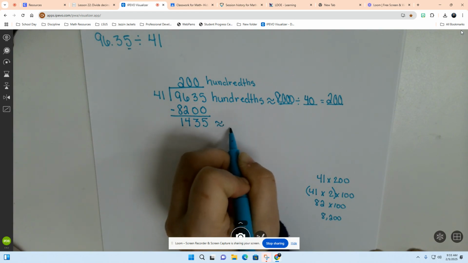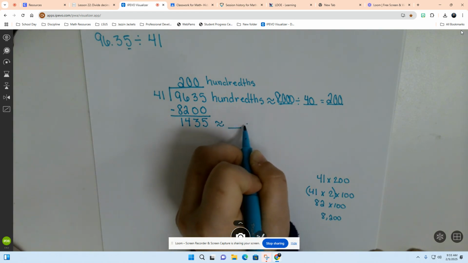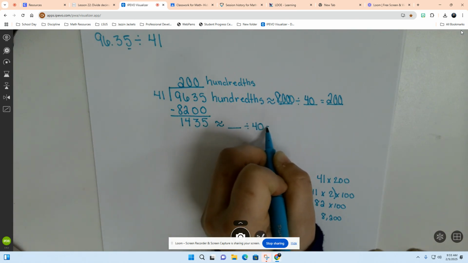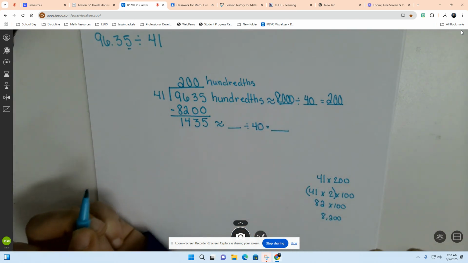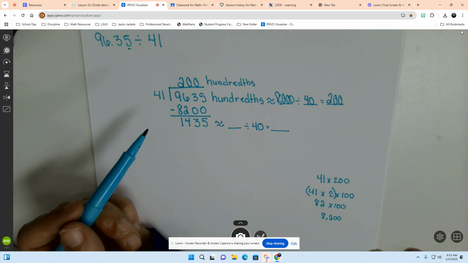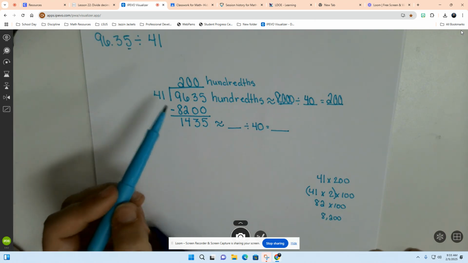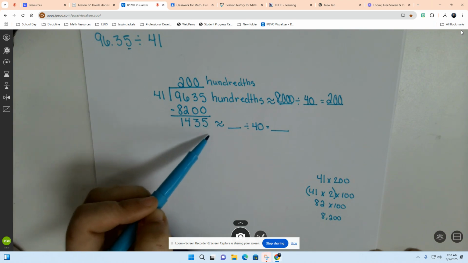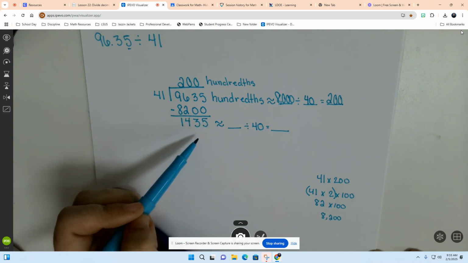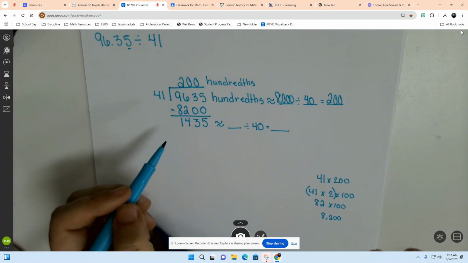Estimate again. We know we're going to stick with that same divisor of 40. So if we're counting by 40s, what would this be kind of close to? I'm looking at the 14. Can we do 14 divided by 4?